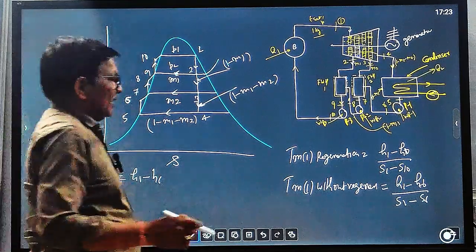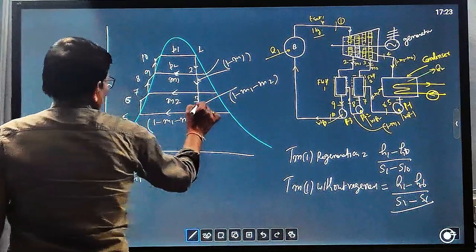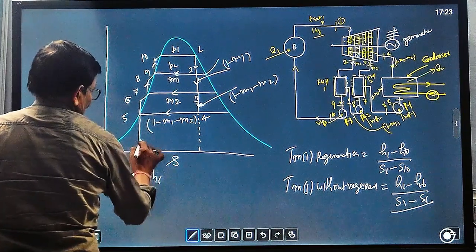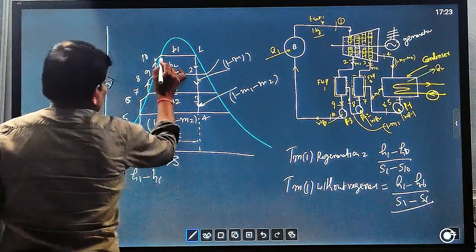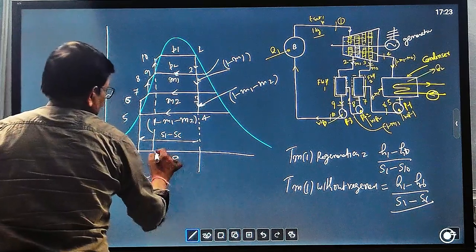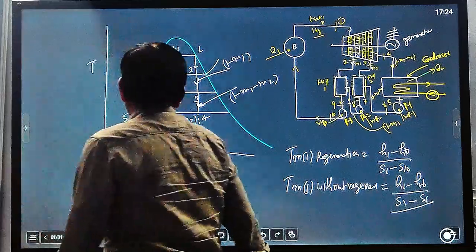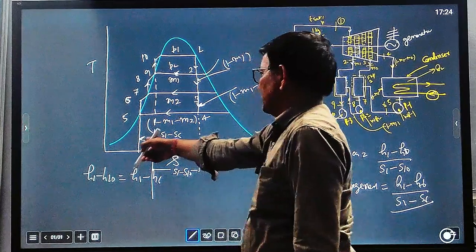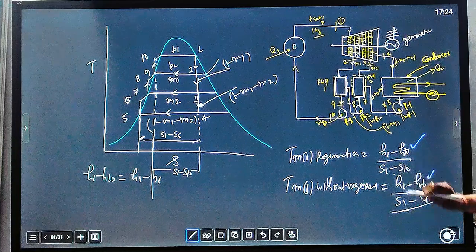But you can see that S1 minus S6 is much larger, and S1 minus S10 is much less, because the numerators are the same but this denominator is greater than this one.